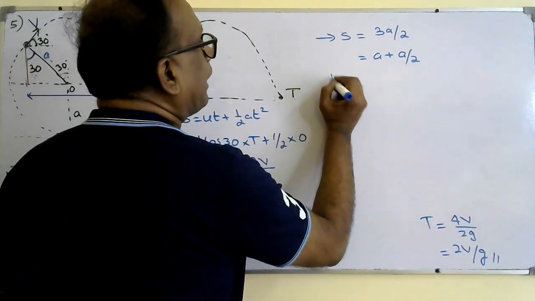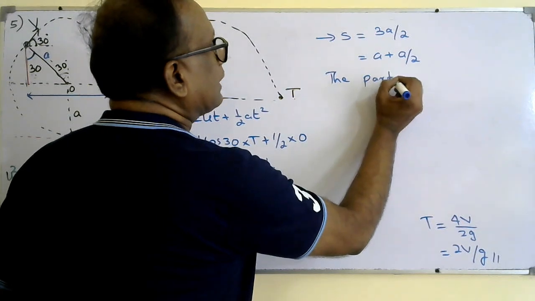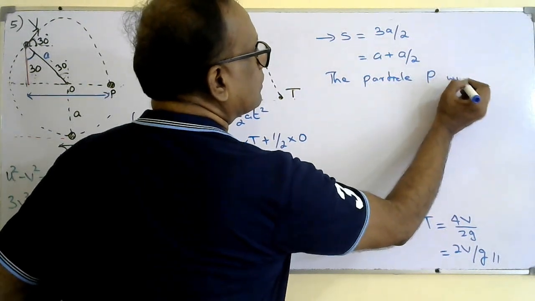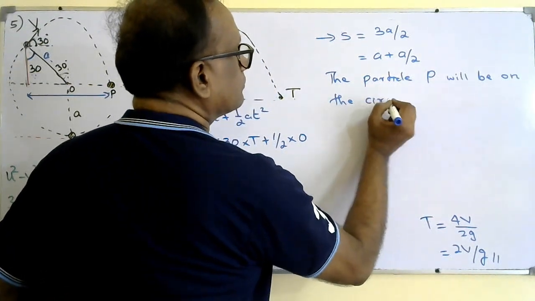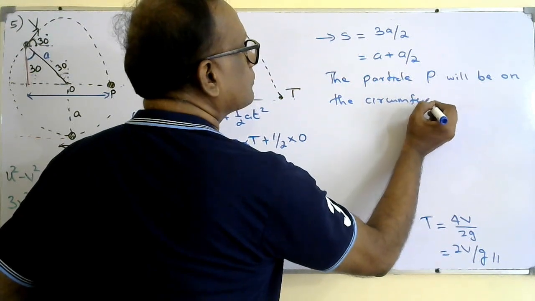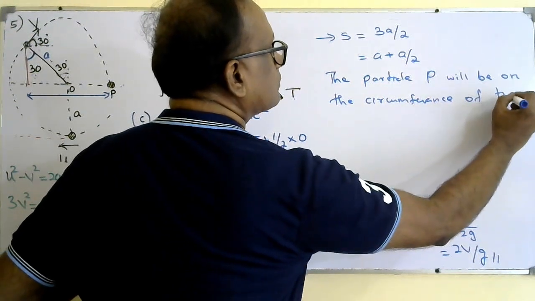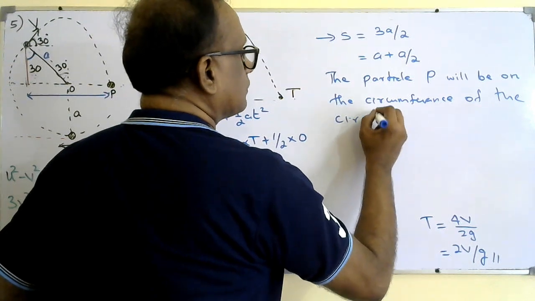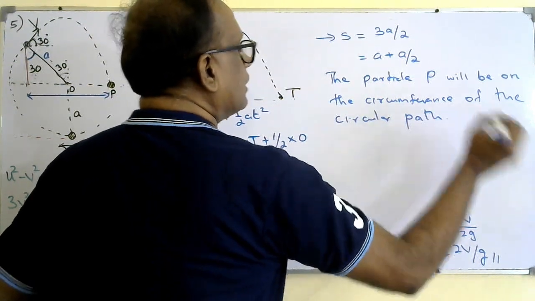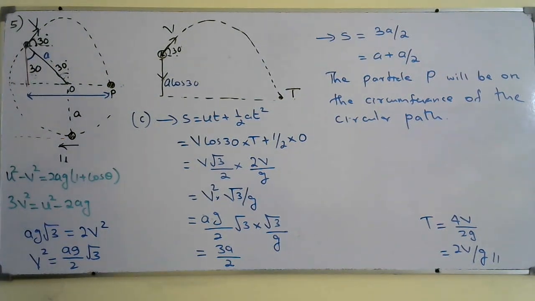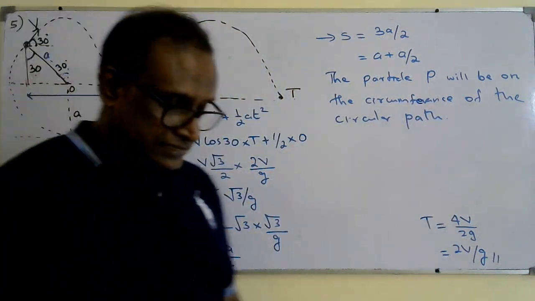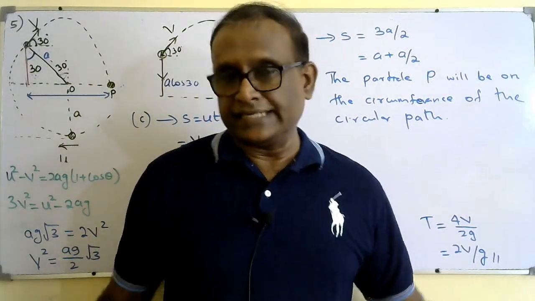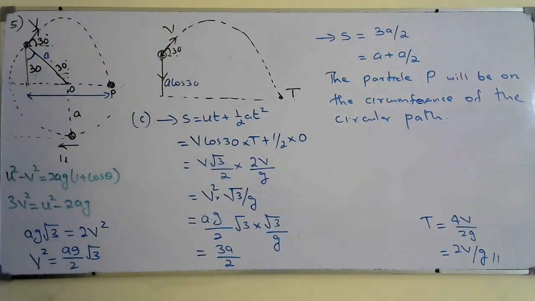That means the particle P will be on the circumference of the circular path. Therefore that string will be under tension, or there will be tension on the string.